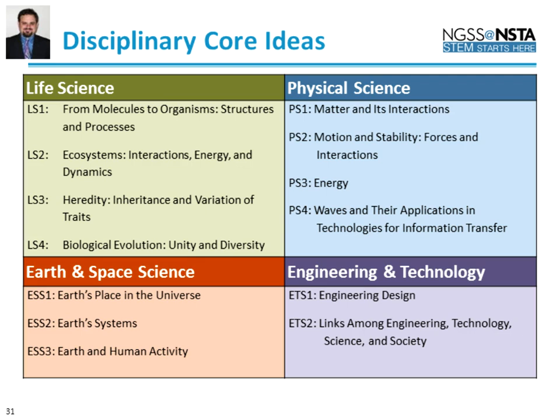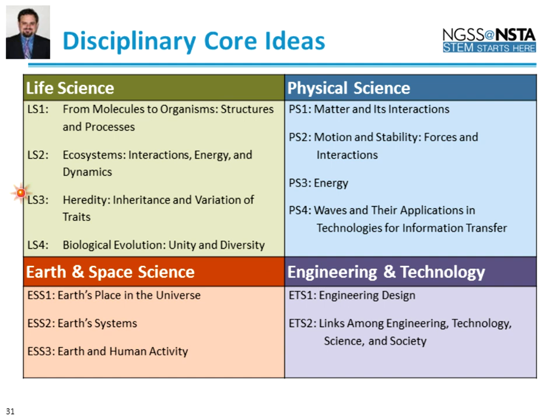And then finally, the disciplinary core ideas, what we're probably most familiar with: life science, physical science, earth and space science, and in NGSS, engineering is also on equal footing with those other three discipline areas. Each piece, like the life science, breaks down into subcategories.